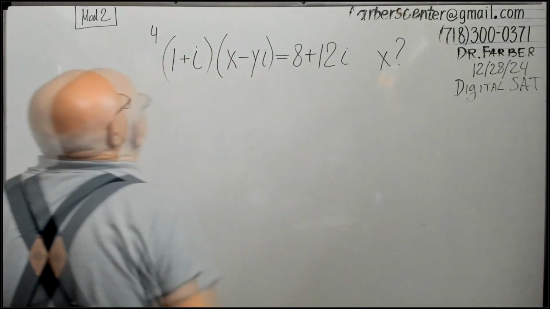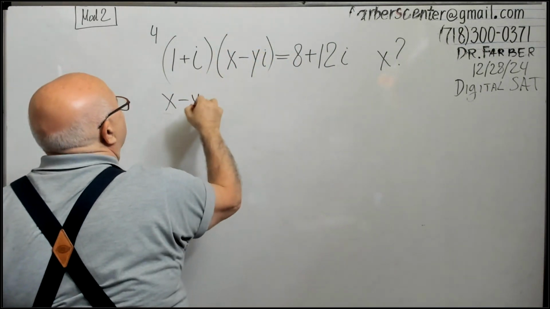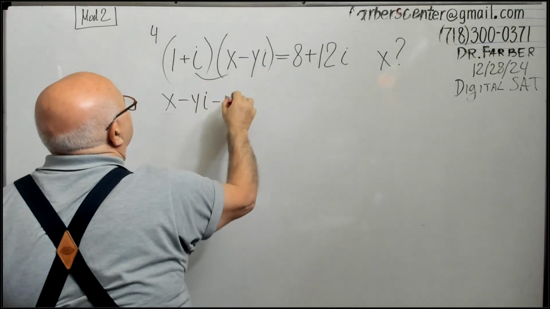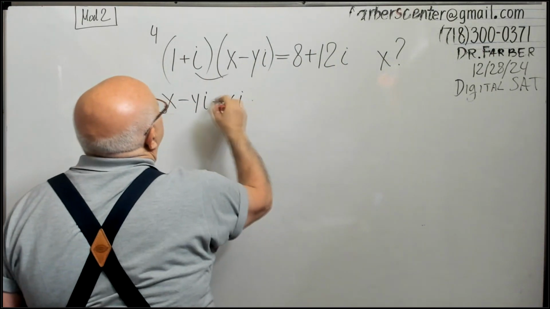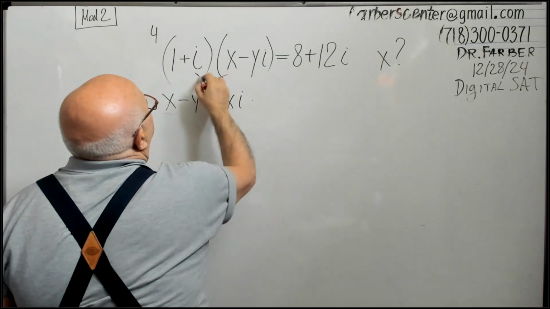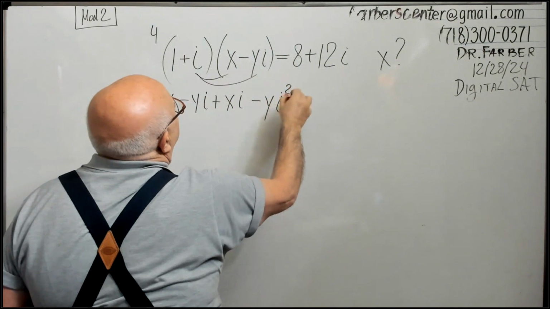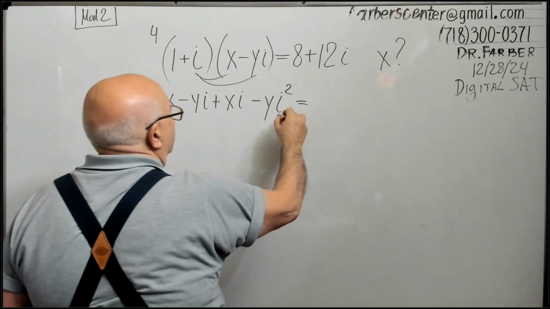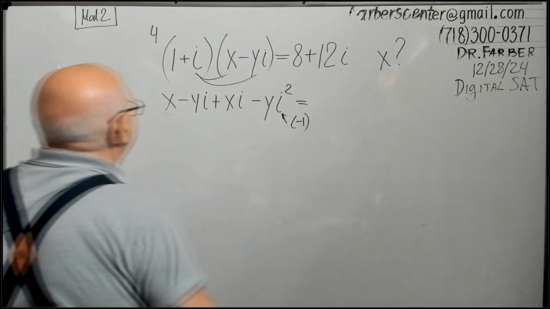So use the distributive property. Multiply by 1, you have x minus yi. Multiply by i, minus xi, and plus xy and minus yi squared, which is, i squared equals -1. You know this by definition.